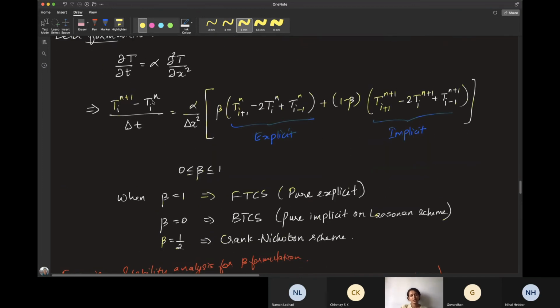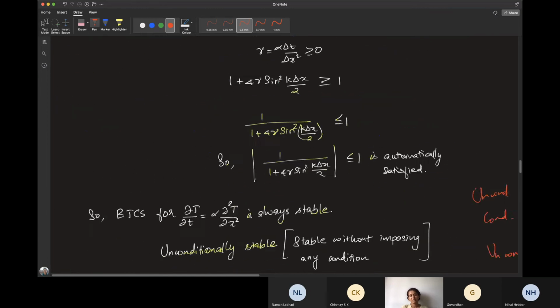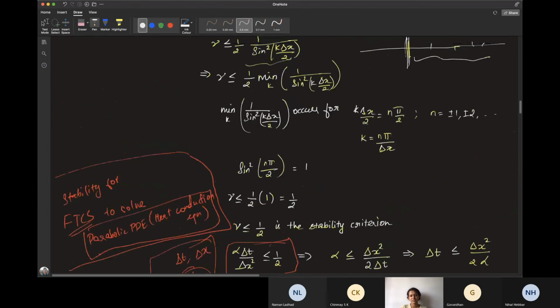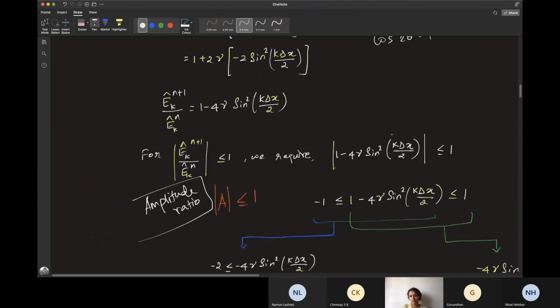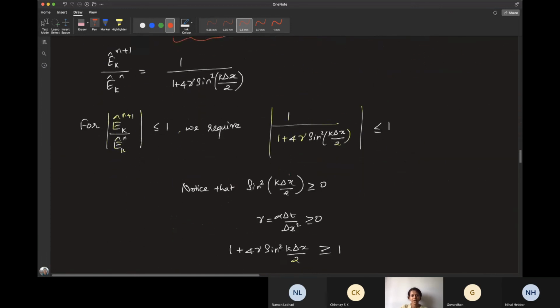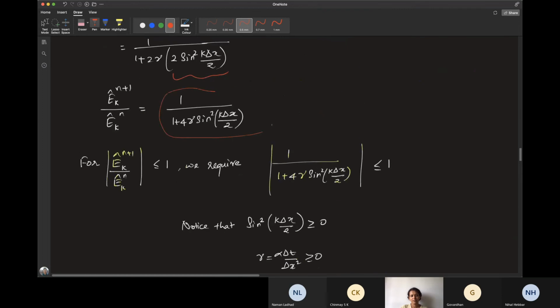So here again, you will have only n and n plus 1 time steps. But you'll have two different terms coming up. For explicit case, it was just one numerator alone. We had just this part. For explicit scheme, it was something like this, and for implicit scheme, you have 1 over something.